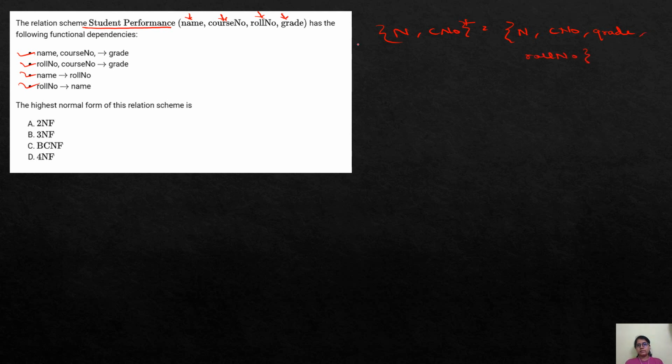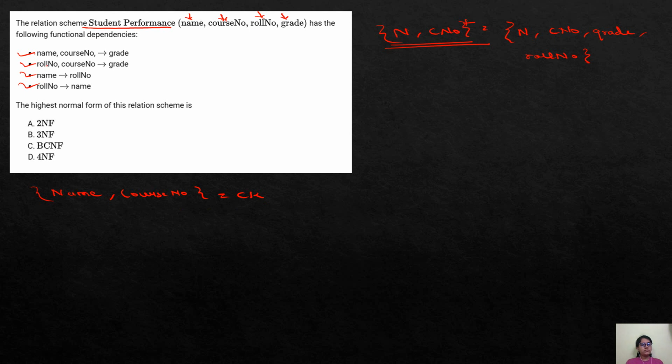So look, from this we have derived all the attributes, so we conclude that name and course number is a CK, a candidate key.